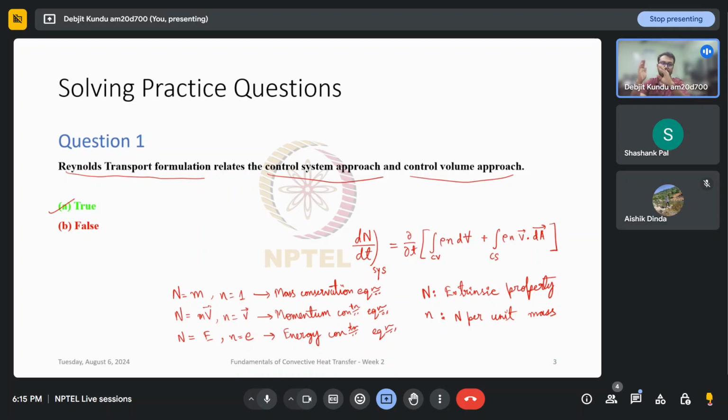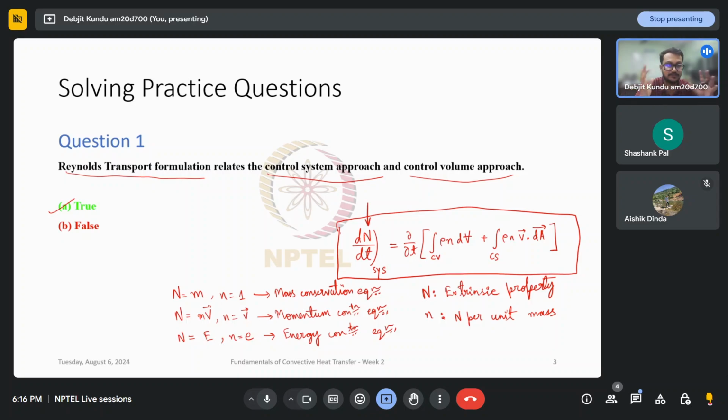So any extrinsic property that we plug into this Reynolds transport theorem will help us translate the system laws to the control volume laws, because all my laws, Newton's laws of motion, the laws of thermodynamics, are all given for the system.